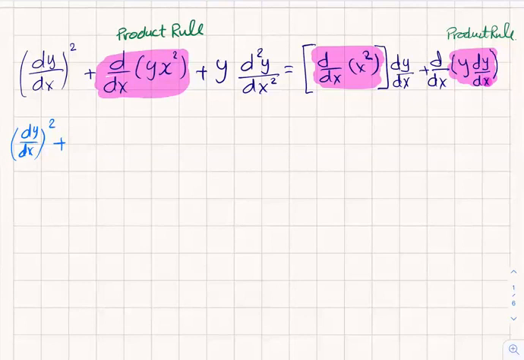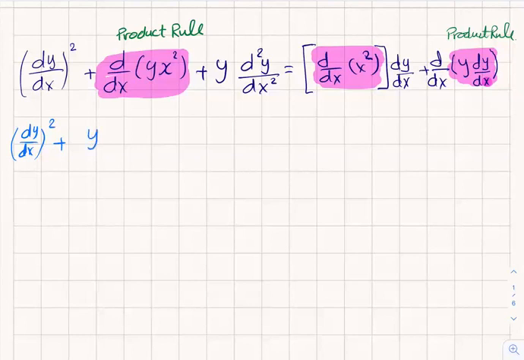So what we do now, I will do the first times the derivative of the second, so that will be y multiplied by 2x.